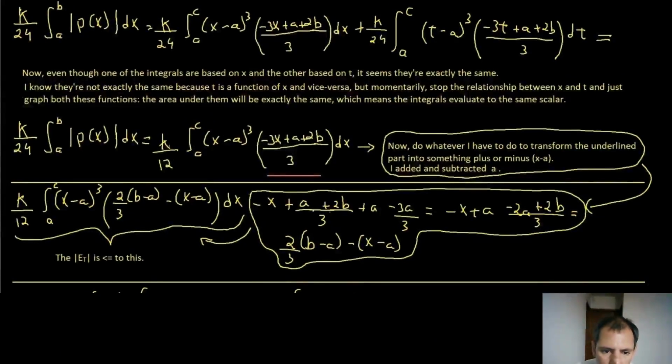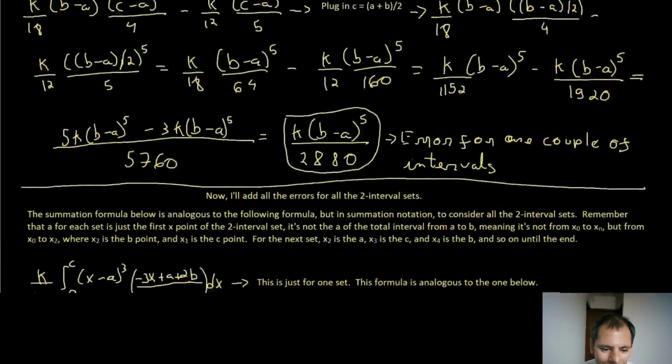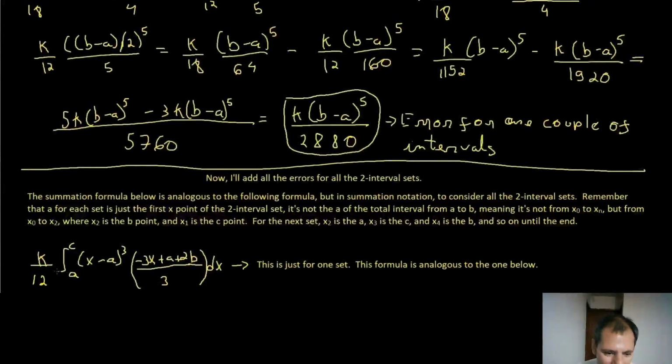You see here, K12, the integral of x minus a cubed minus 3x plus a plus 2b divided by 3. Try to memorize that formula. So you get the same thing in here, K12, integral from a to c, x minus a cubed minus 3x plus a plus 2b divided by 3.